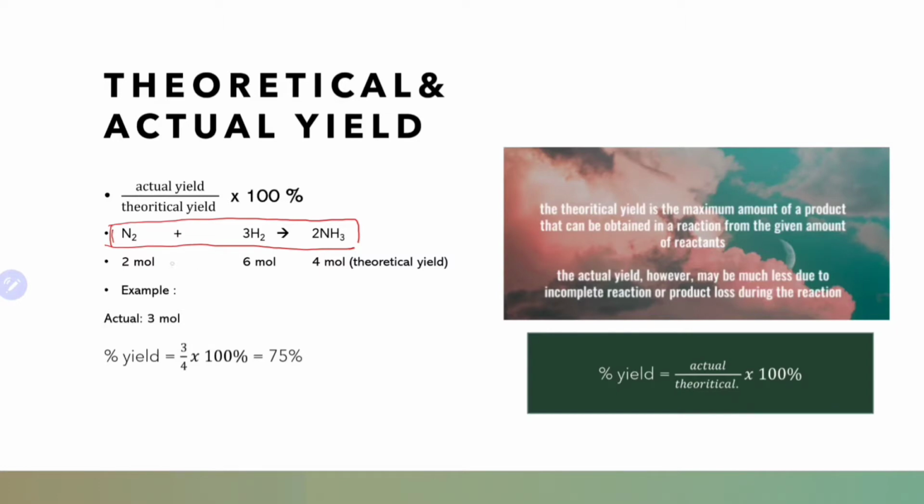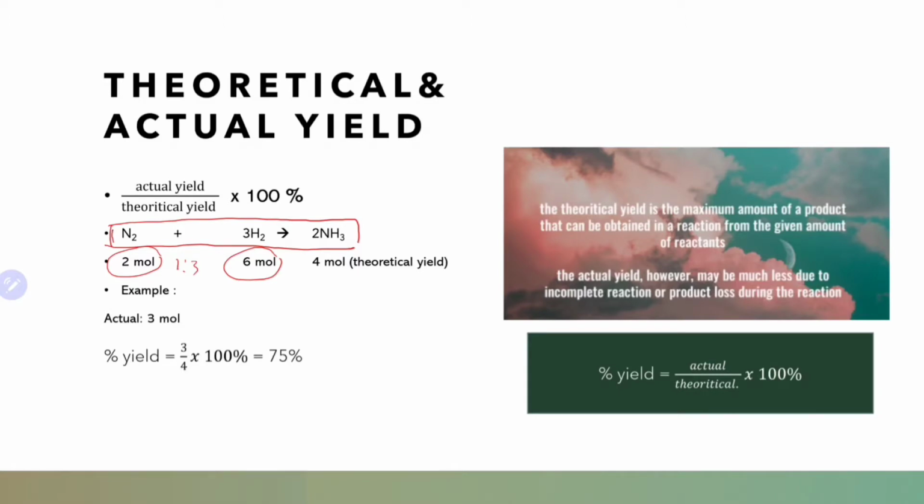When we mix 2 mole of N2 and 6 mole of H2, the ratio is still the same, 1 to 3. So, both nitrogen and hydrogen will be used up. So, there is no excess.